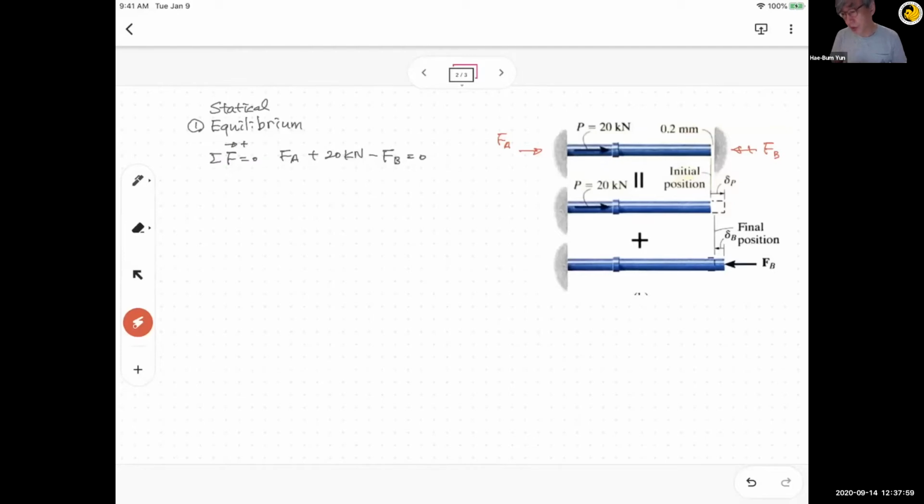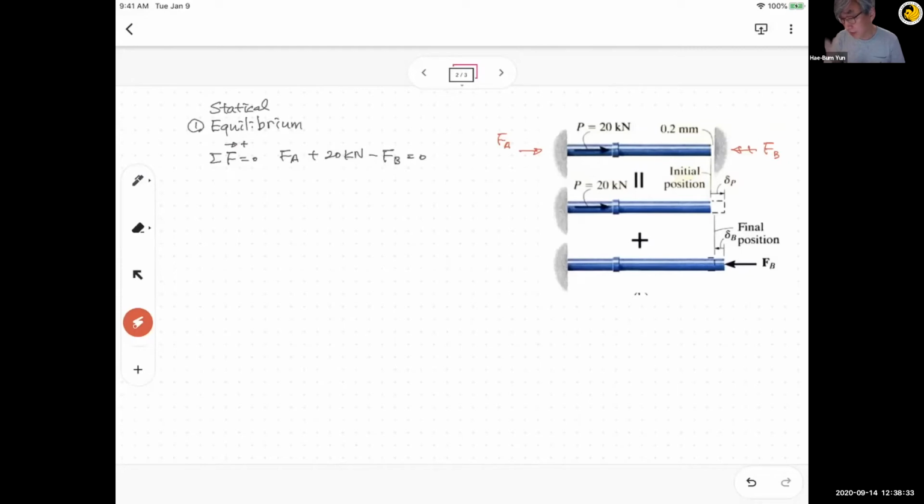A very important thing is that when you deal with statics, you can set either to the right as positive or to the left as positive, as long as you are consistent. But when you deal with deformation, shrinkage is negative and elongation is positive.